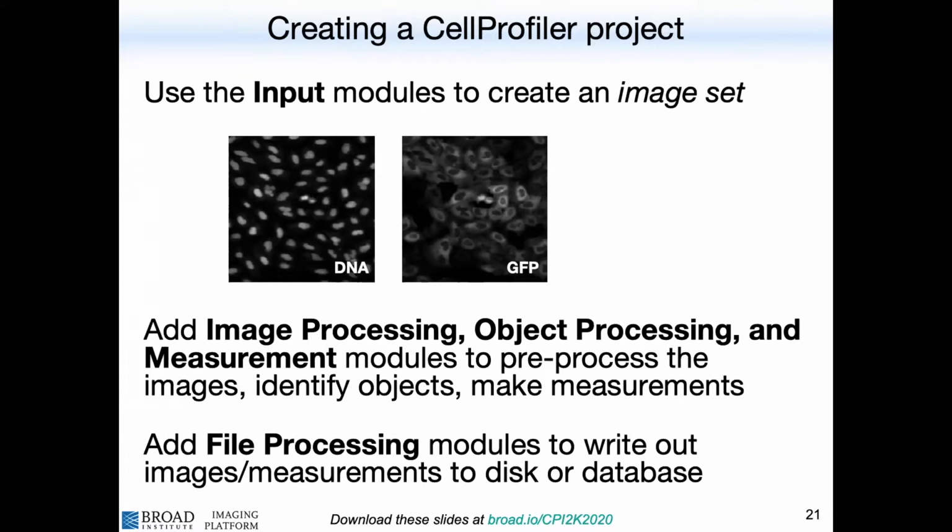And then at the end, we want to have file processing to save all the images, if you need to, and you want to make sure to save all the measurements, either to an Excel file or to a database. This is important because CellProfiler doesn't just go ahead and save everything. You need to add the module for file processing to save everything you need.